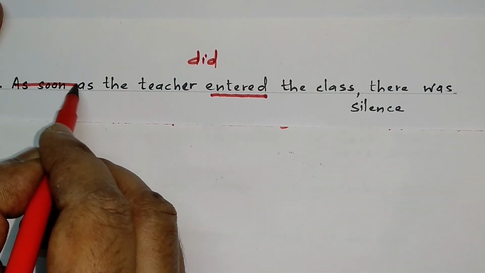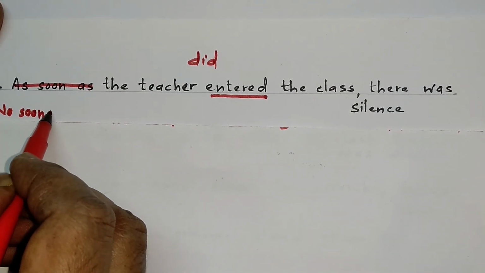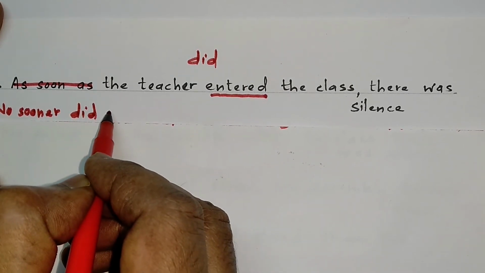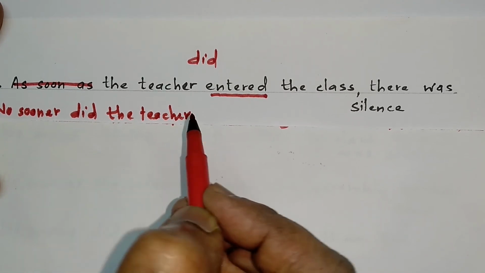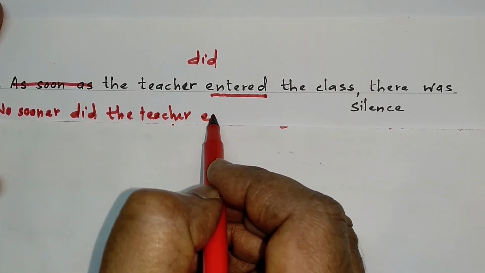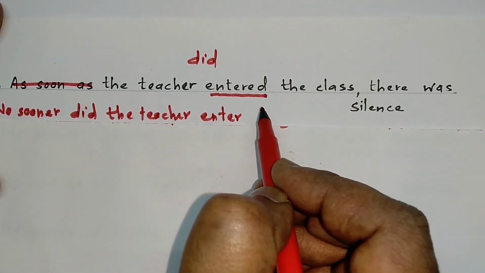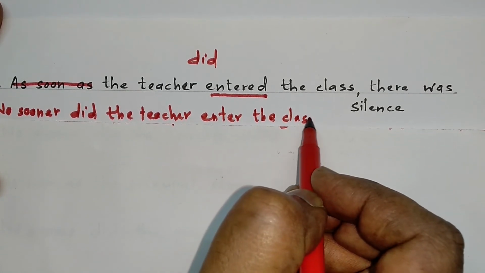So we'll replace as soon as with no sooner, followed by the helping verb did, followed by the subject. The subject here is the teacher. Now we will use the base verb of entered. The base verb of entered is enter, E-N-T-E-R, followed by the remaining part, that is the class.